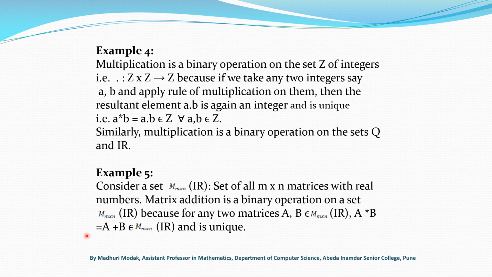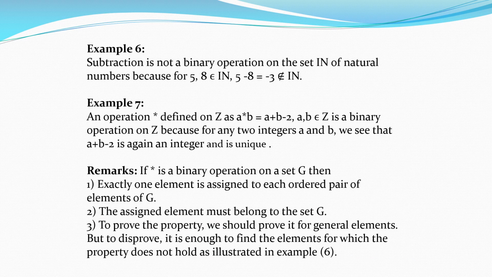So the order of the resultant matrix is M by N. And as we are adding a real number with a real number, the resultant addition is again a real number. It means for any two real matrices, their addition is again a matrix with all real entries, and that matrix is unique. So we can say that matrix addition is a binary operation on M by N R.